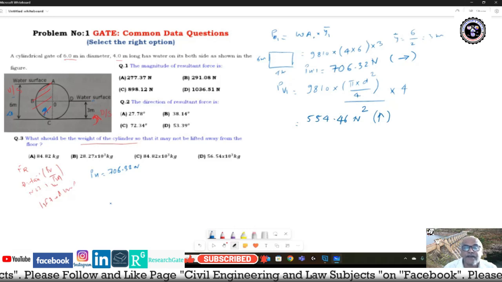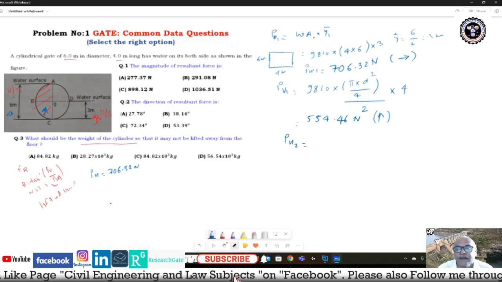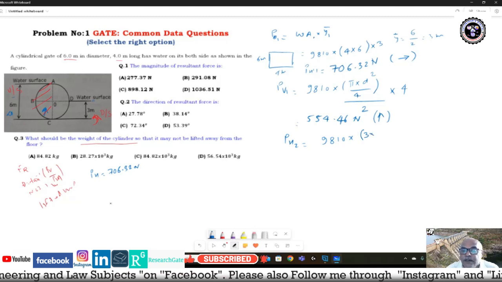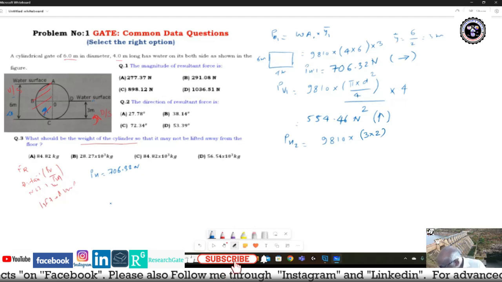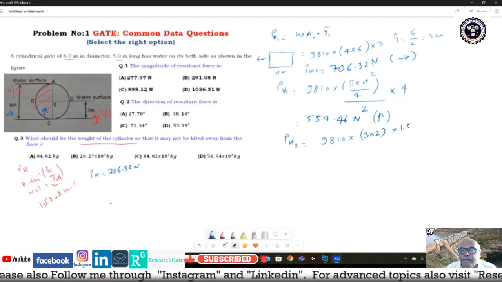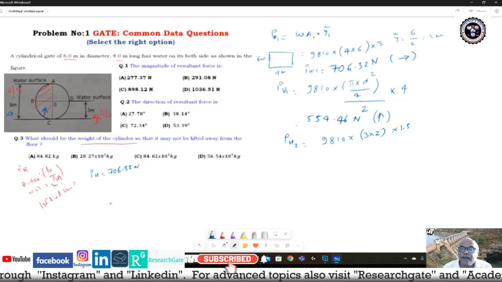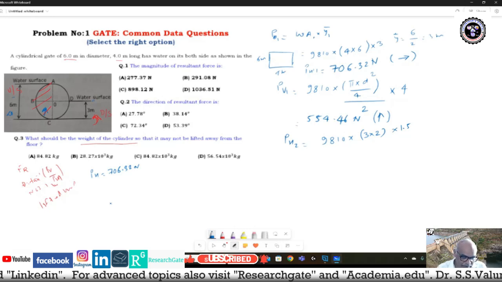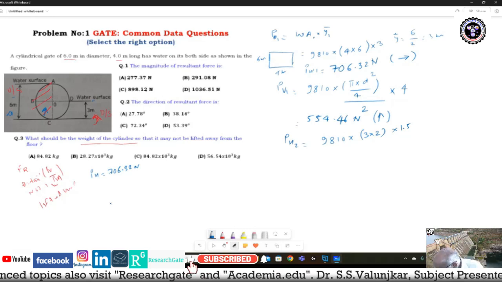Then pH2 will be 9810 into 3 into 2 into 1.5, that is 9810 into 6 into 1.5, equal to 88.290.